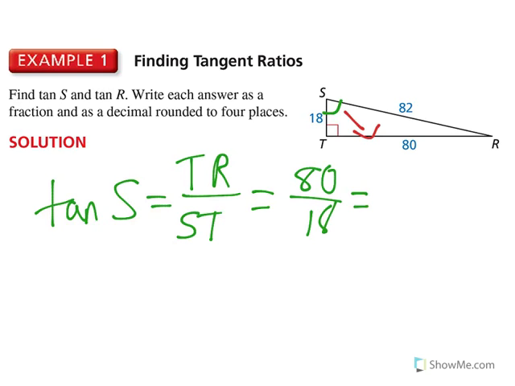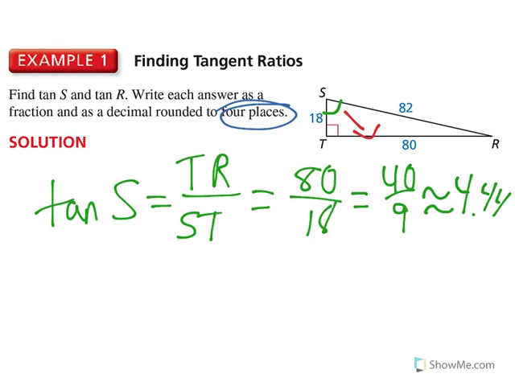And so I could reduce that down to 40 over 9. But if I want the approximate answer to actually find the tangent of angle S, we can put it in our calculator. You can do your 40 over 9 or your 80 over 18. And you'll get approximately 4 point, and it says up here to round it to 4 decimal places. It just repeats 4s over and over again, so I'm going to rewrite it down below.